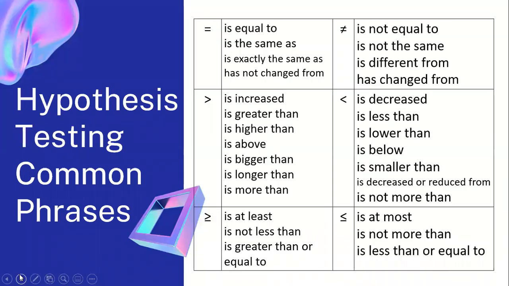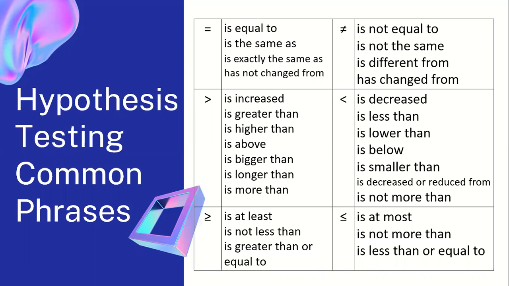That's why it's very important that you know how to translate the different mathematical symbols. These are the different words associated with each symbol. For the equal sign, you have is equal to, is the same as, is exactly the same as, has not changed from.